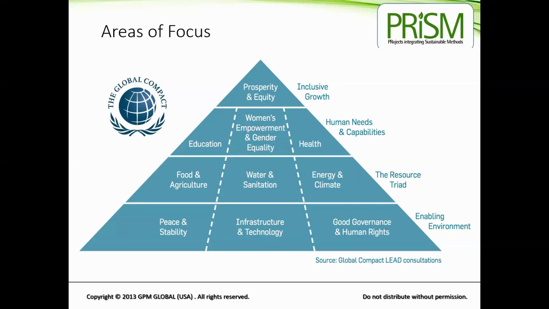And the area that supports the resources available in the environment, be it energy and climate, water and sanitation, and also food security. And of course, for the element of human needs and capabilities, education, women empowerment and gender equality, and health issues are being addressed, plus last but not least, prosperity and equity for all.